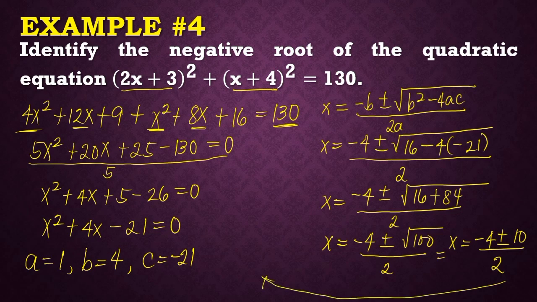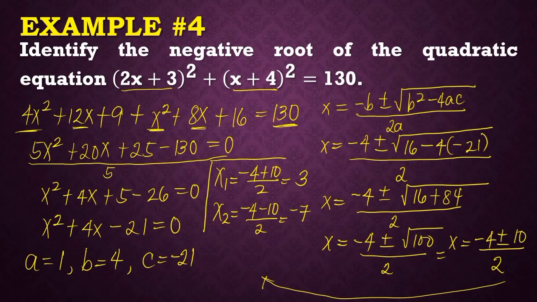Okay. So, yung x sub 1 natin, so, magiging negative 4 plus 10 over 2. So, negative 4 plus 10, that is 6 divided by 2, that is 3. X sub 2 naman, negative 4 minus 10 all over 2, magiging negative 4 minus 10, negative 14, divided by 2, negative 7.